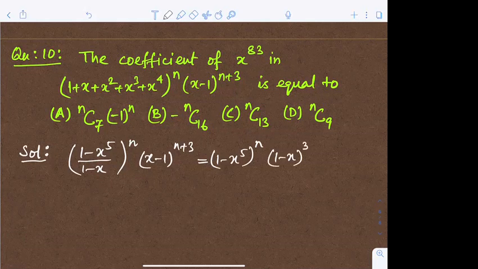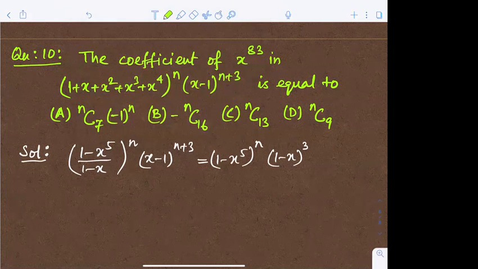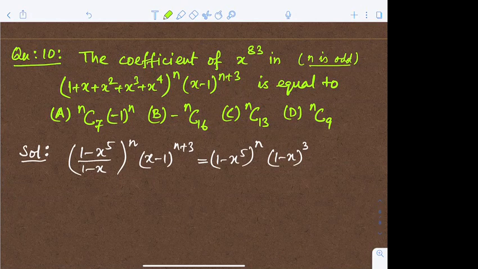Is that correct or wrong? Or will there be a minus sign? I think in the question it should be mentioned that n is odd. If it is mentioned, then this is fine. If n is odd, n plus 3 is even, then (x minus 1) I can write as (1 minus x), no problem.